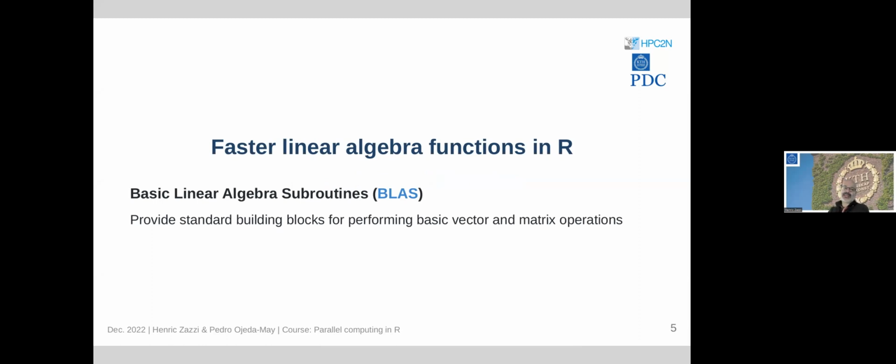For example, linear algebra functions in R will be a lot faster by using the basic linear algebra subroutines, BLAS. These subroutines provide a standard building block for performing basic vector and matrix operations. So if you do a lot of matrix computation, then you will benefit by installing these BLAS and LAPACK libraries in your version of R.